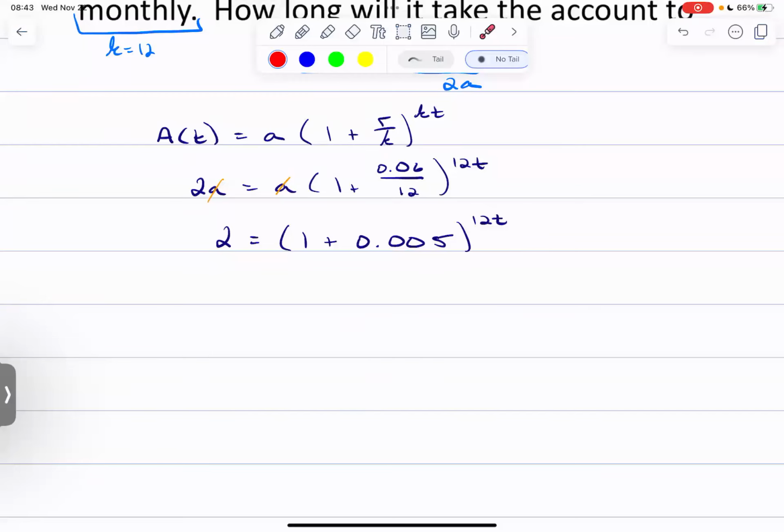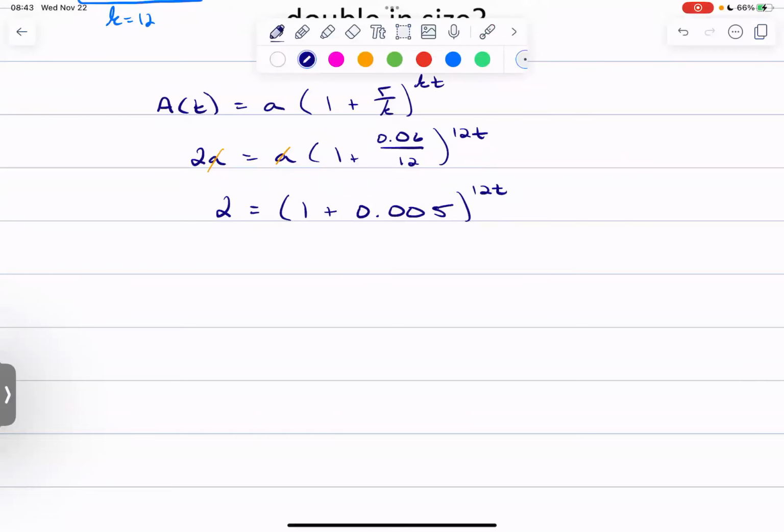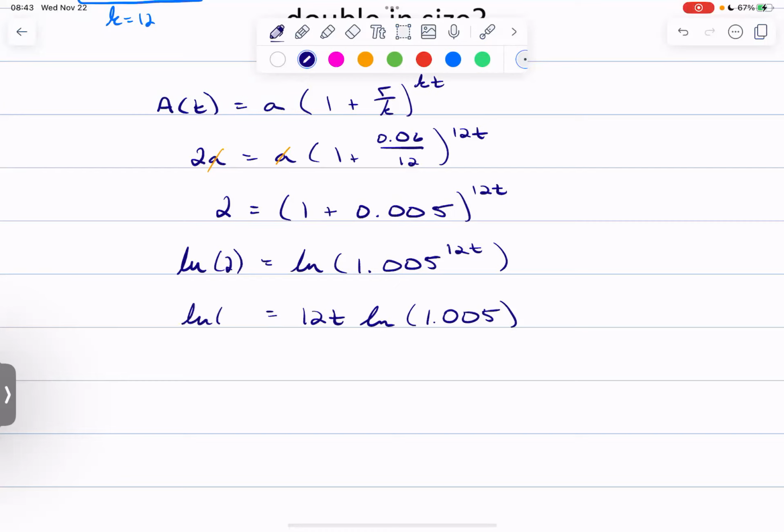It's a little bit more work, but we'll see that we end up in the same spot anyways. So let's take the natural log of 2. You're welcome to take any log that you want, right? And you'll see that you end up in the same spot. But I will show that I'm taking the natural log of 1.005 to the power of 12t, which I can rewrite as 12t times the natural log of 1.005. It's the log of 2.